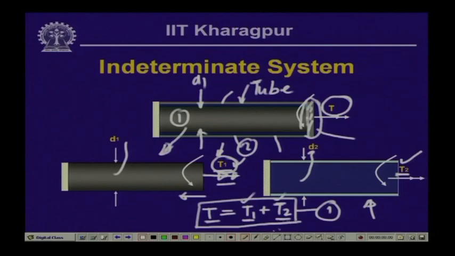So, we need an additional equation so that we can evaluate these two unknown values T1 and T2, and this additional equation can be generated if we take compatibility into account. And what is the compatibility criterion in this particular case? Here you have the composite system where you have an external tube in which you have a solid shaft, and both are enclosed within two fixed supports.